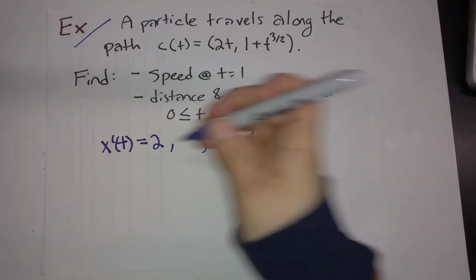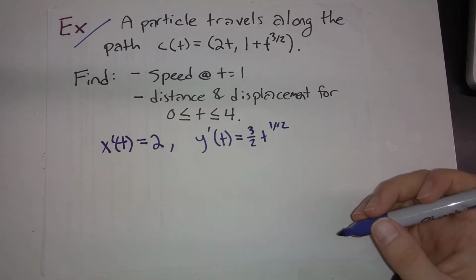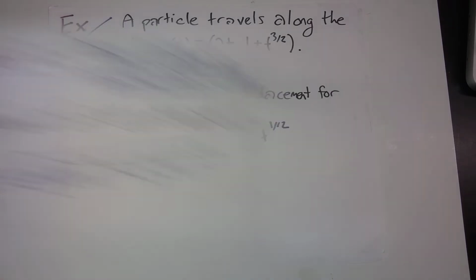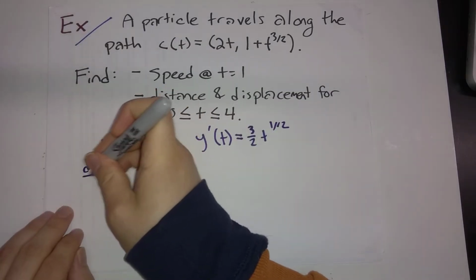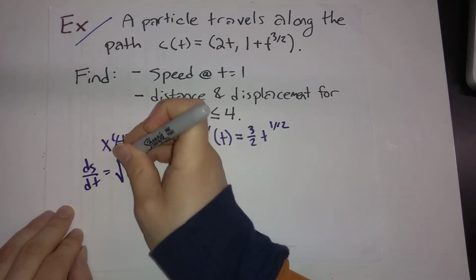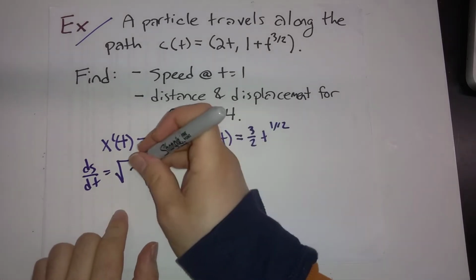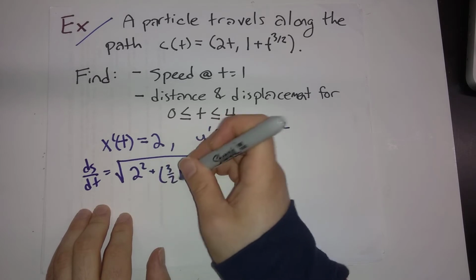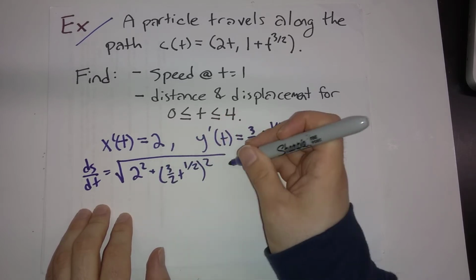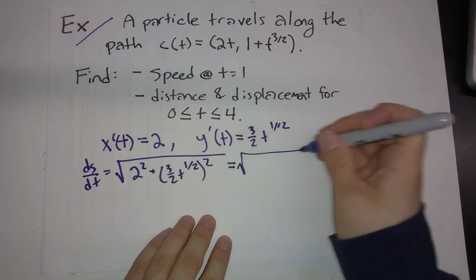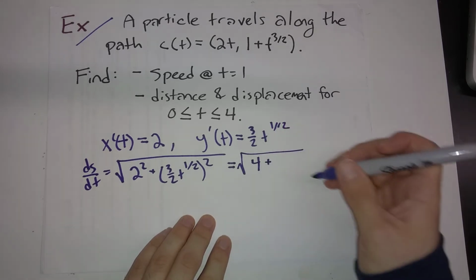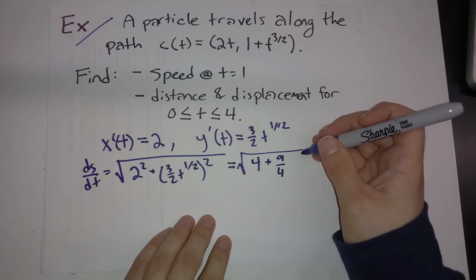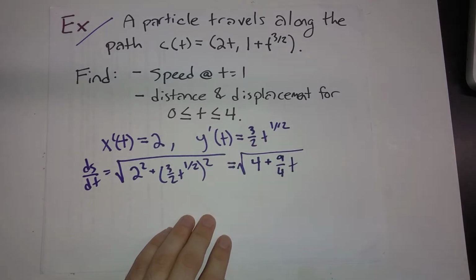And so then our speed ds/dt is just this square root right here: the square root of 2 squared plus (3/2 t to the 1/2) squared. So that is going to be 4 plus 9/4 t, since t to the 1/2 squared is t.